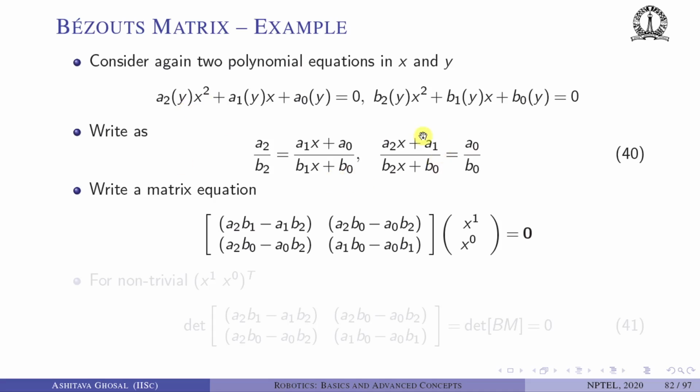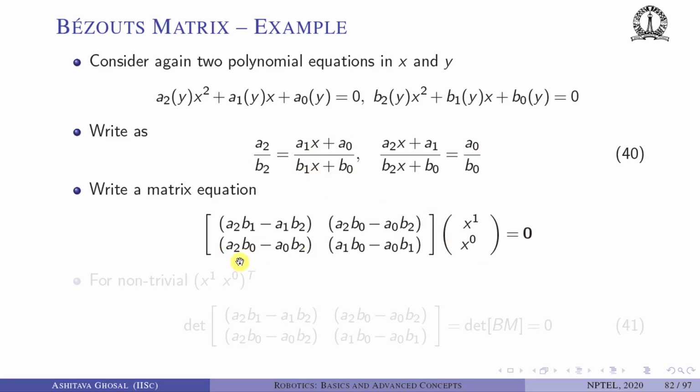Then we can expand these two equations and write them in a matrix form. You can see it will be (a2 b1 minus a1 b2) into x, plus (a2 b0 minus a0 b2) into x to the power 0. That will be the first equation.